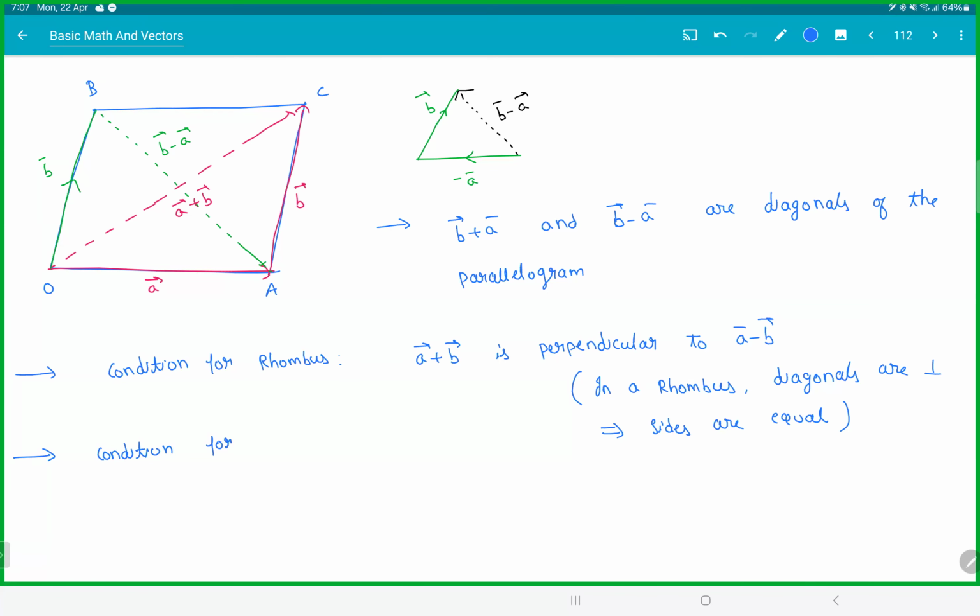Let's say condition for rectangle. Condition for rectangle, A bar must be perpendicular to B bar. Right? So what's the condition for a square? If the parallelogram has to become a square, what should happen to A bar and B bar? A bar should be perpendicular to B bar. First, it should be a rectangle, and mod A bar should be equal to mod B bar. The sides also should be equal. Make sense?